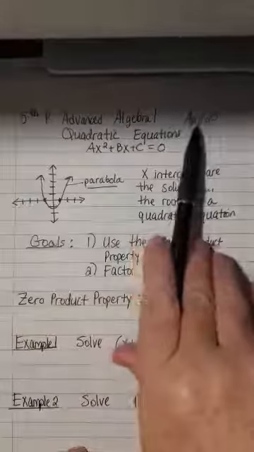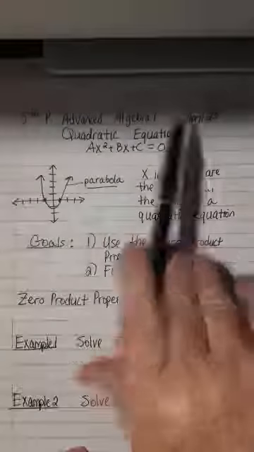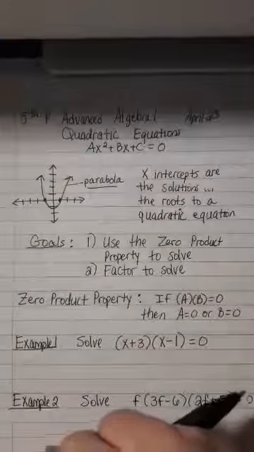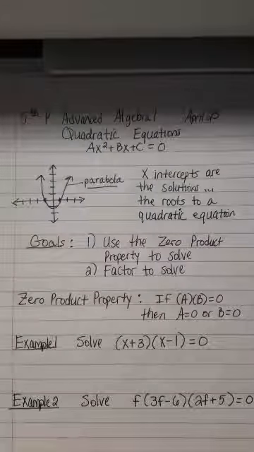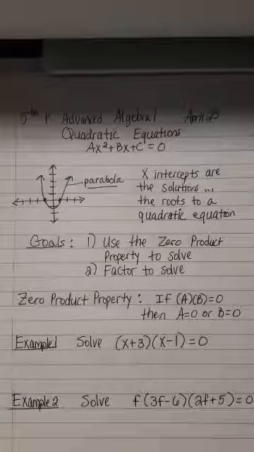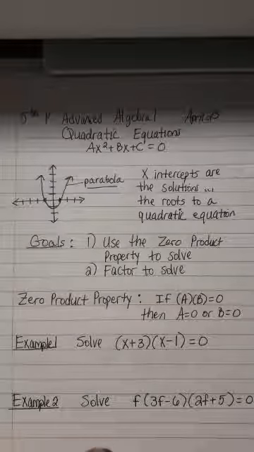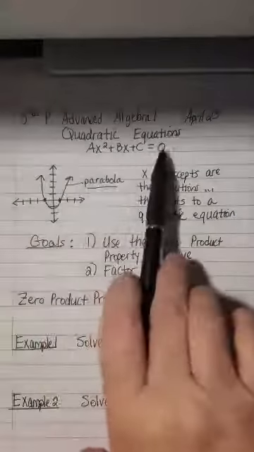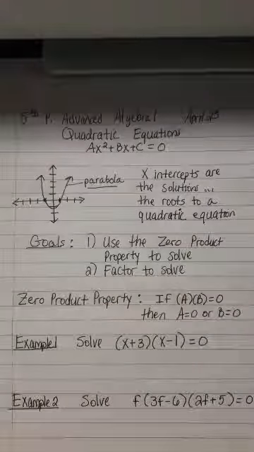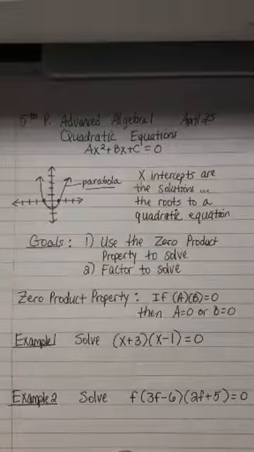Today is April 23rd. We are starting a new section. We just finished radicals. Y'all should have taken your quiz on radicals. And we're starting with quadratic equations. Now we're doing a whole big lesson on quadratic functions.